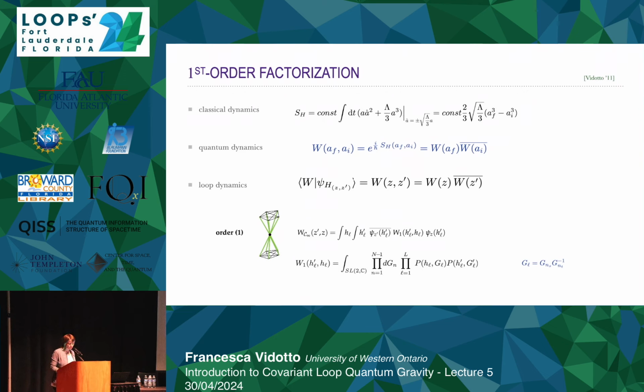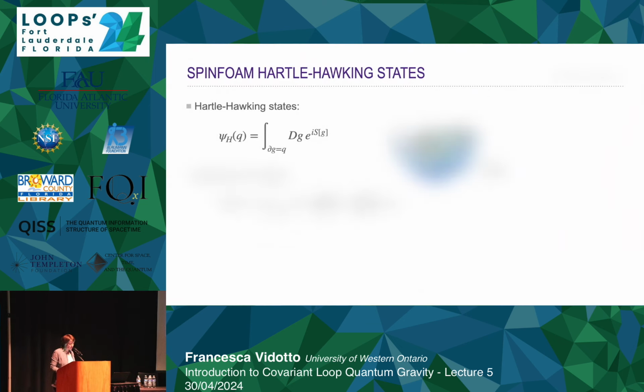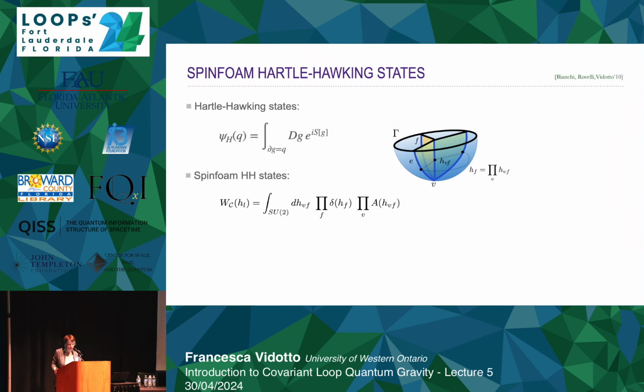So this is exactly the definition of a Hartle-Hawking state. The Hartle-Hawking state is defined as a no-boundary picture in which you just take a 3-dimensional geometry and you sum over all possible 4-dimensional geometries that are compatible with that particular boundary.